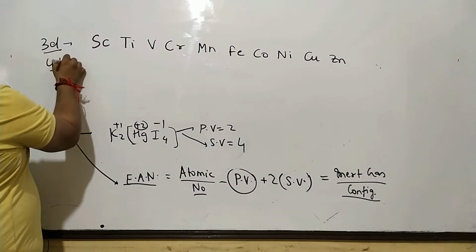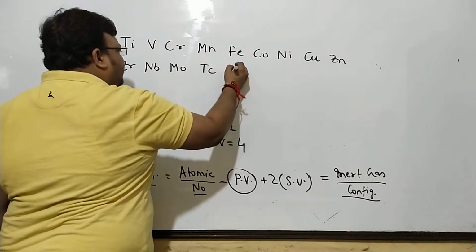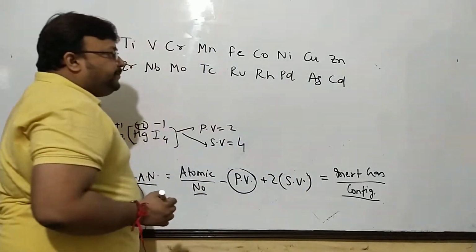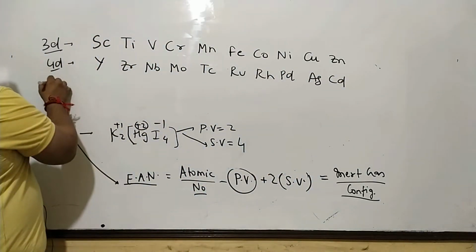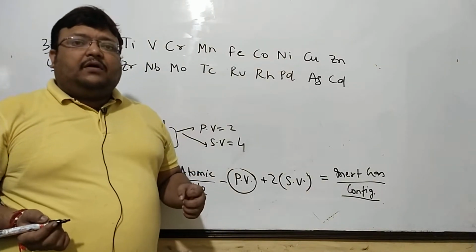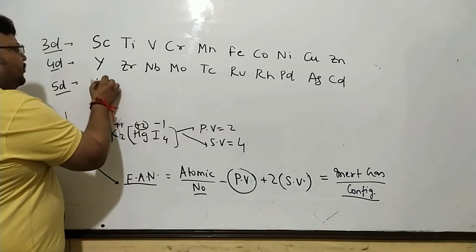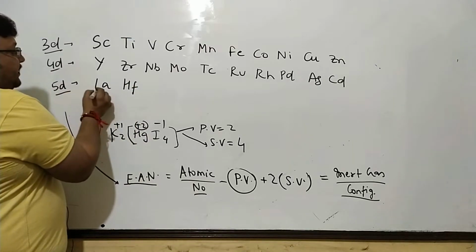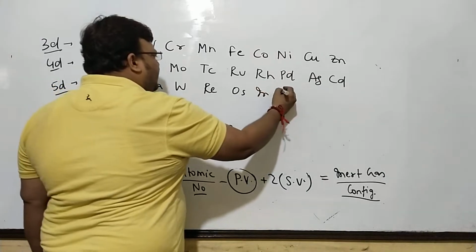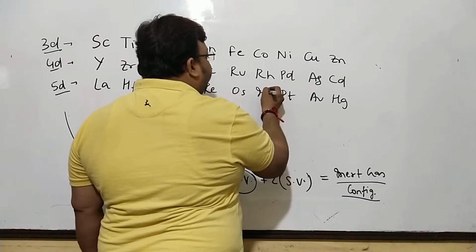Now 4D is yttrium, zirconium, niobium, molybdenum, technetium, ruthenium, rhodium, palladium, silver, cadmium, and as I told you, not only for this topic, for inorganic chemistry, periodic table, the D block chapter, at some point of time you will want to recall 5D, lanthanum, hafnium, tantalum, tungsten, rhenium, osmium, iridium, platinum, gold, mercury, along with their configurations and atomic numbers.